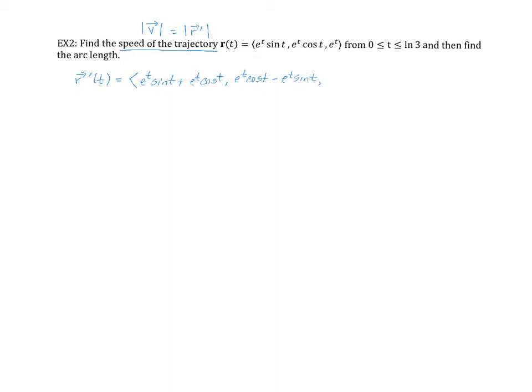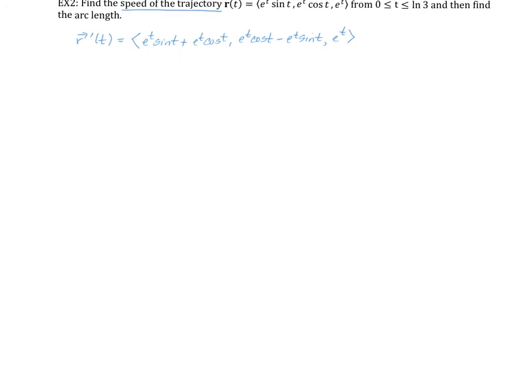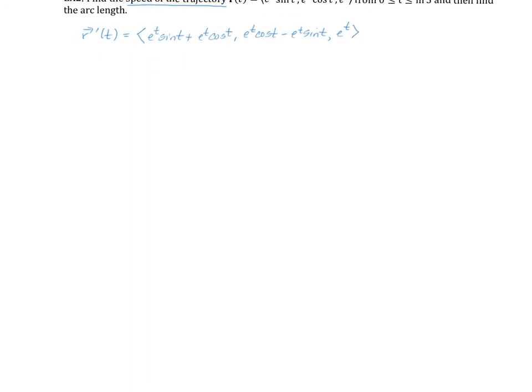And then the last component is just e to the t. So that would be my derivative. If you want, you can go ahead and factor out e to the t from each component. I think it might be nicer when I compute the magnitude to write this as e to the t in parentheses sine plus cosine, and then e to the t, cosine minus sine.